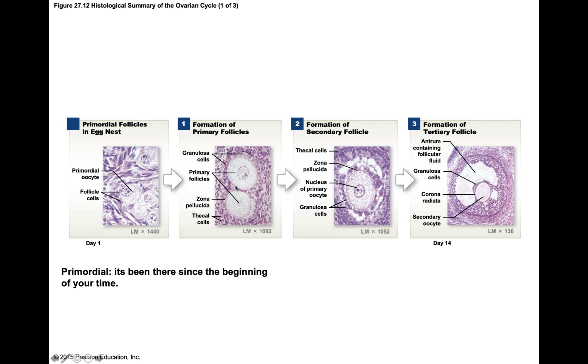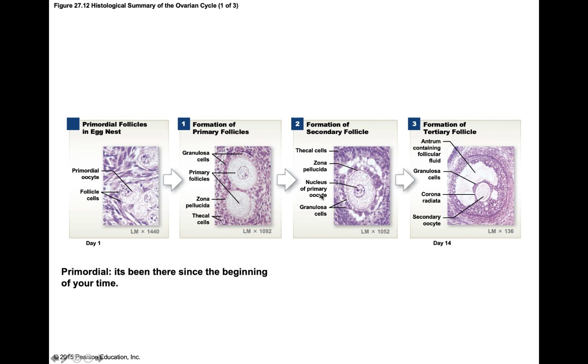One of these follicles, with its oocyte, is going to be selected to move on to the next step, and the other one is going to disintegrate. When it moves on to the next step, it's going to become the secondary follicle. So keep in mind, here we have the secondary follicle, but the oocyte is still the primary oocyte.